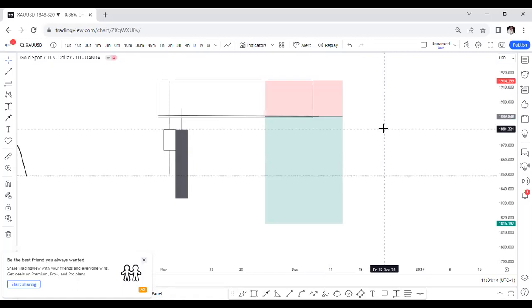But this has pros and cons. The pros is that you will have a comfortable entry and you may have a less risk trade.